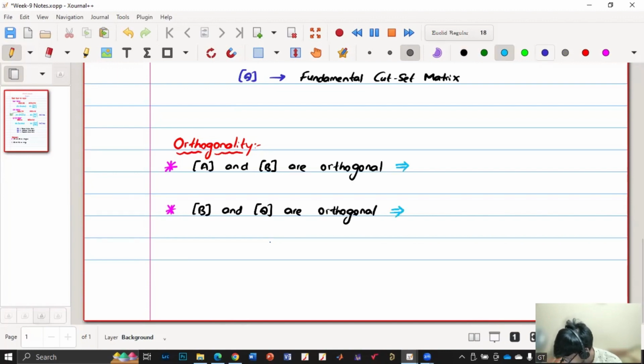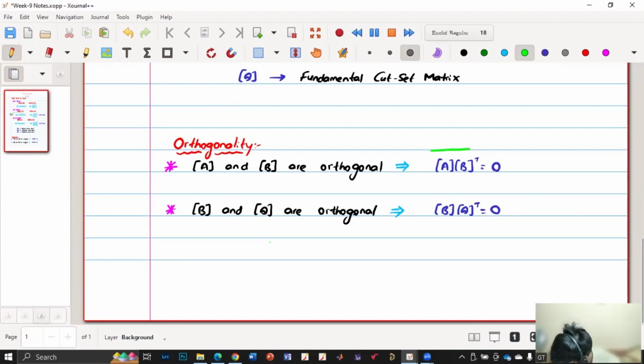Here we'll be getting another equation. So it is like A into B transpose is equal to 0. And here B into Q transpose is equal to 0.